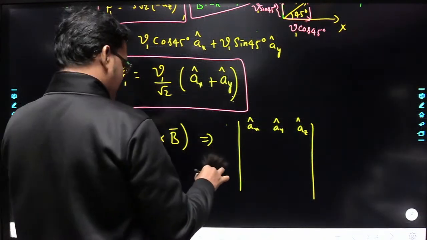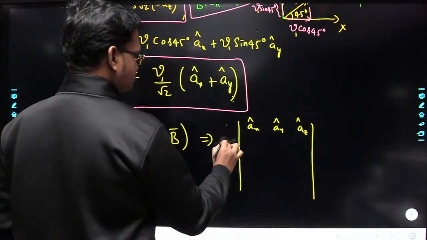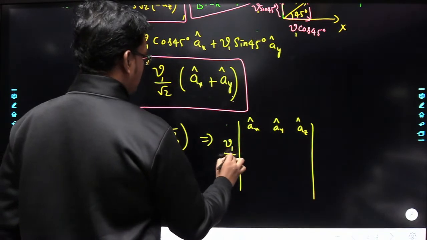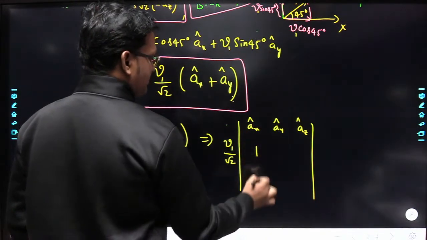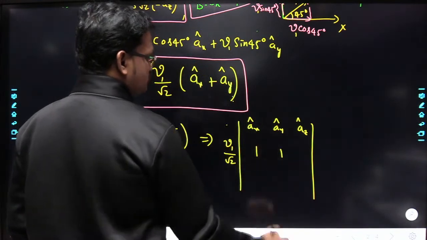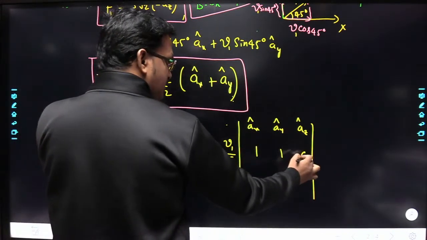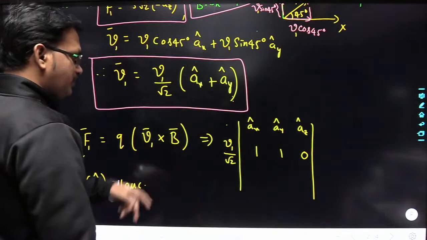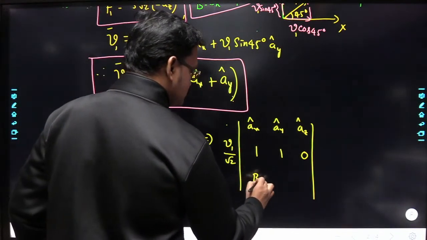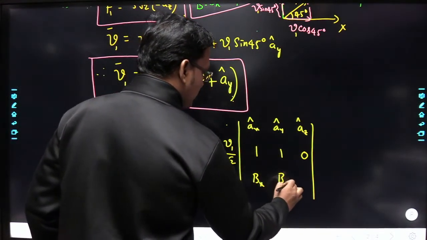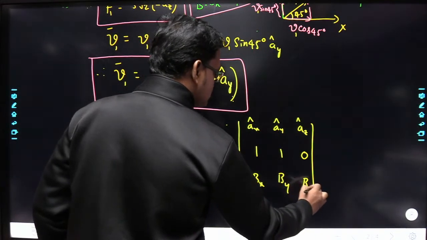So I can write V1 bar as V1 by root 2, where for AX cap it is 1, for AY cap it is 1, and for AZ cap it is 0. Next, B bar has x component, y component and z component.